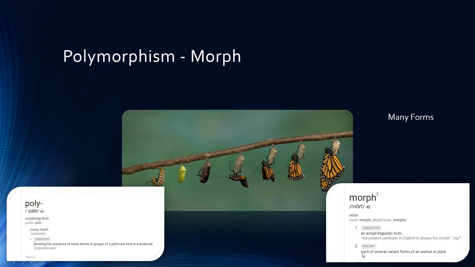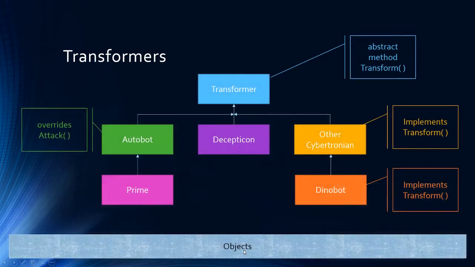To morph means each of several variant forms of an animal or plant, some sort of object, right? And then poly, in the sense that we're using it here, denotes the presence of many. So we're going to say that it could be many forms, polymorph. So polymorphism is being able to take many forms.